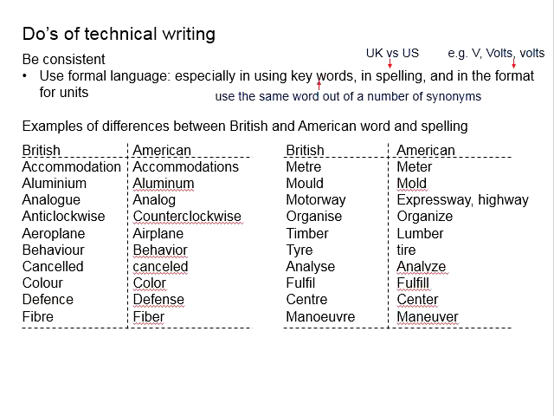Some may be different terms, such as anti-clockwise, counterclockwise, aeroplane, airplane, timber, lumber, and so on and so forth. Normally, we interchange the usage of terminology for those which we are more familiar with, but you need to be aware that you still stick to either UK or US, not to use them interchangeably.